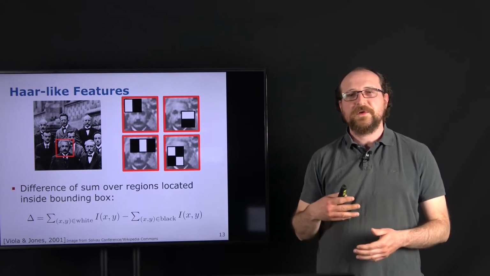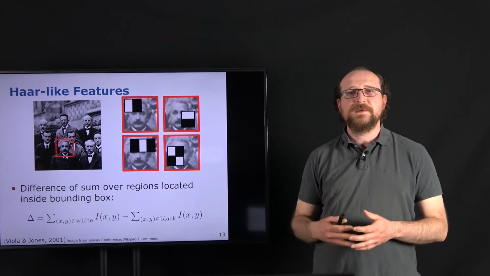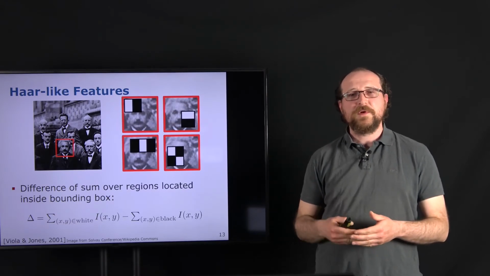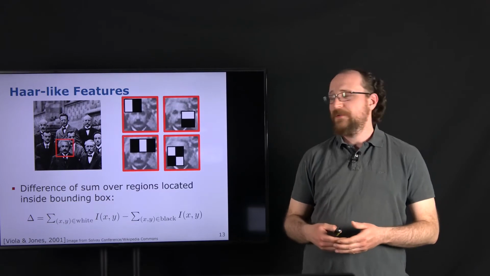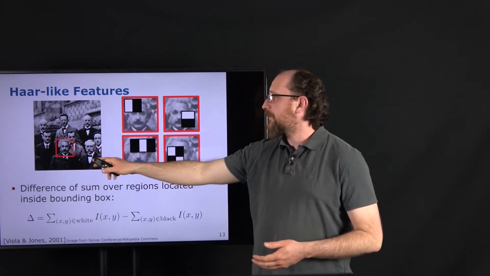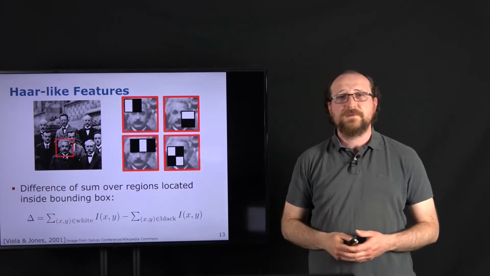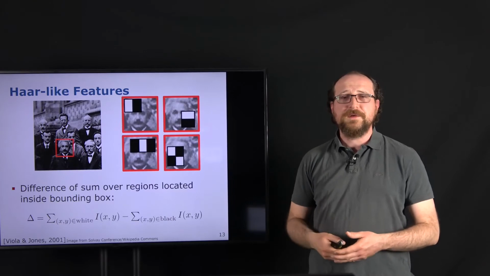The Haar-like features are very simple, so they are always defined basically locally to the detection frame. Here we have our region from the sliding window approach, and for this region we are now evaluating something like this. These are the Haar-like features.